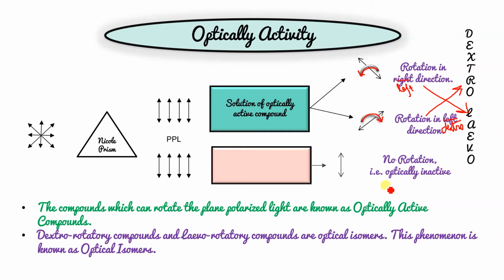Got it? The compounds which can rotate plane polarized light are known as optically active compounds. Dextrorotatory compounds and levorotatory compounds are optical isomers, and this phenomenon of getting different rotation is called optical isomerism.